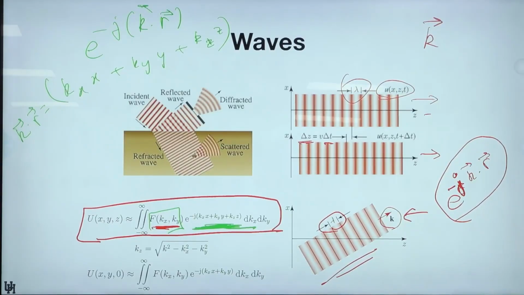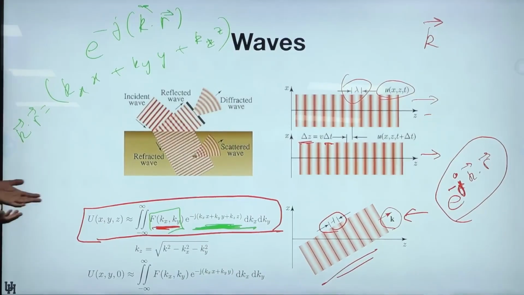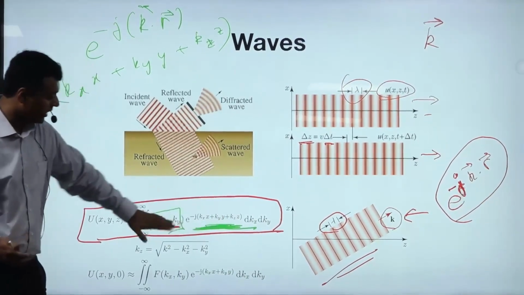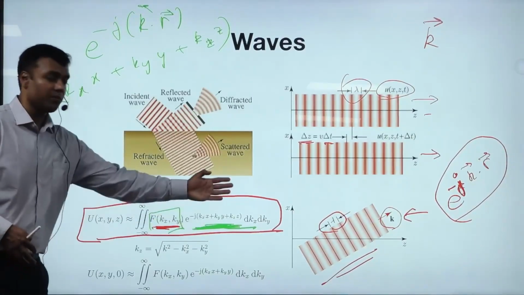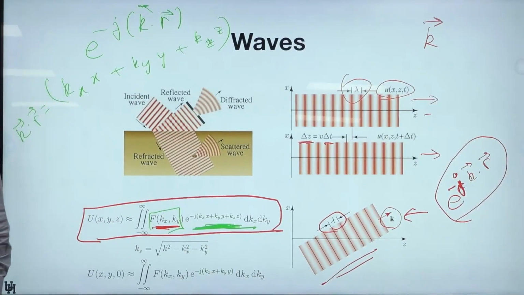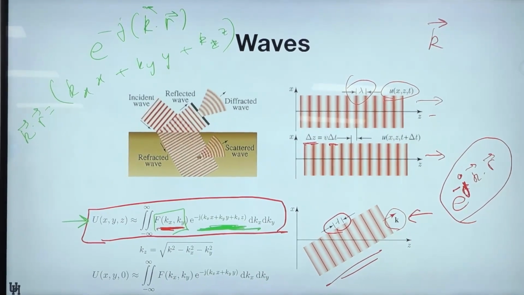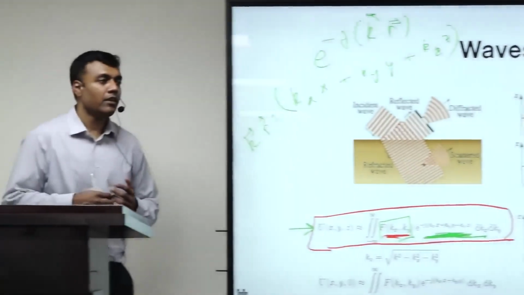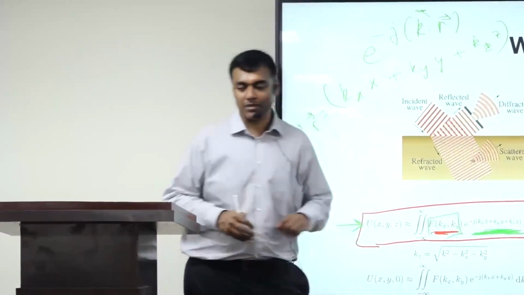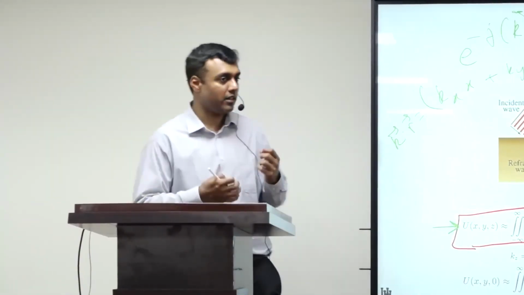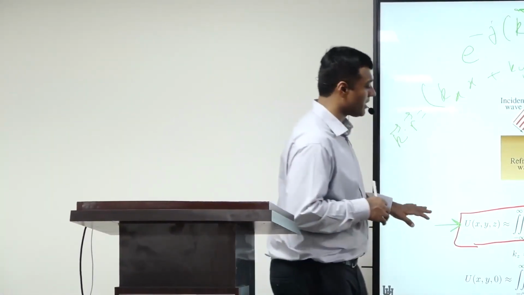So take different plane waves, each with a certain weight, and add them all up. You get the overall field at any given position. That's the essence of how you think about this. Although this equation looks complicated, if you interpret it, it becomes fairly simple to read.